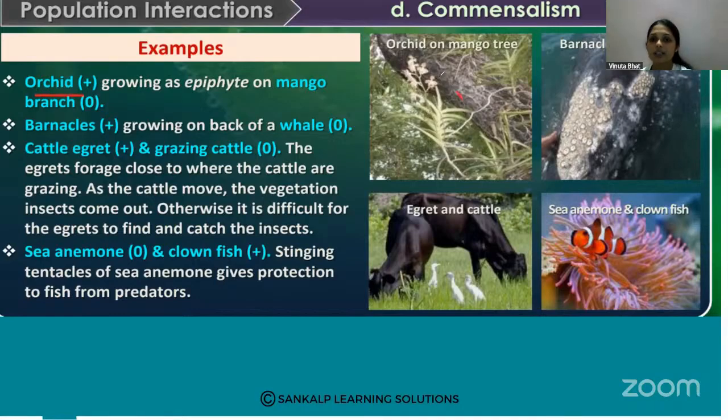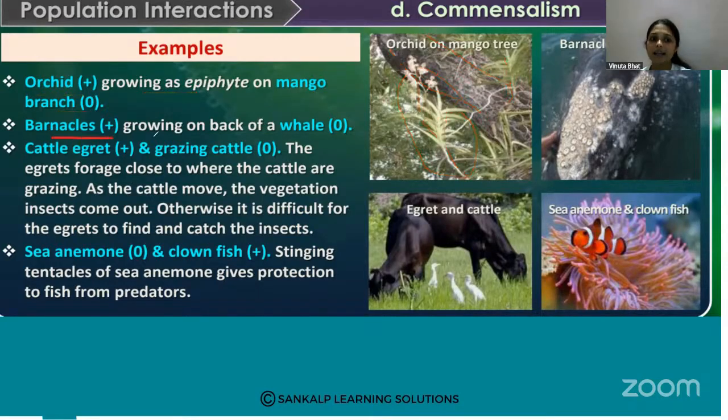Orchids, these are orchid plants growing as epiphytes on a mango branch. They need the mango plant for their development, but the mango branches are neither harmed nor benefited. Okay, so that is the example.